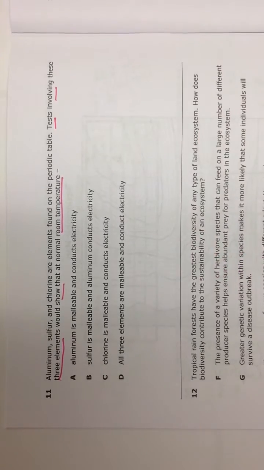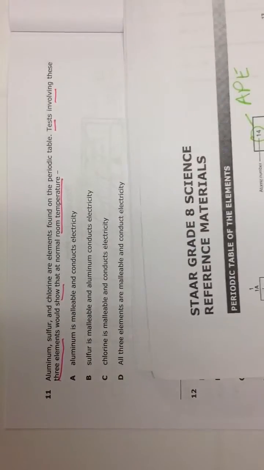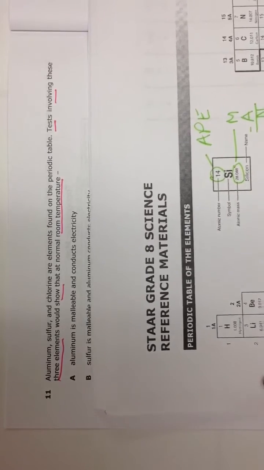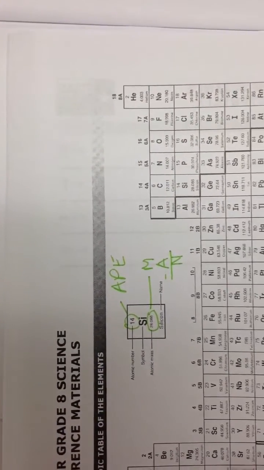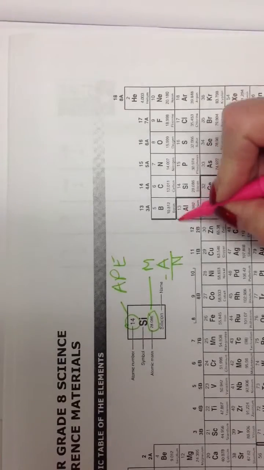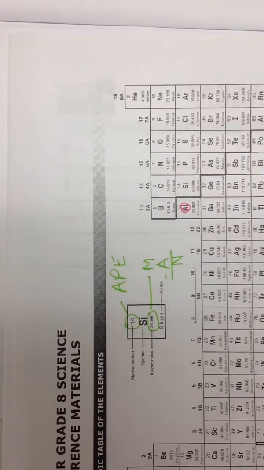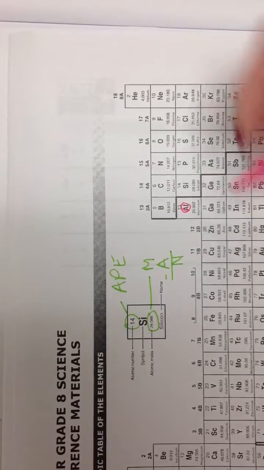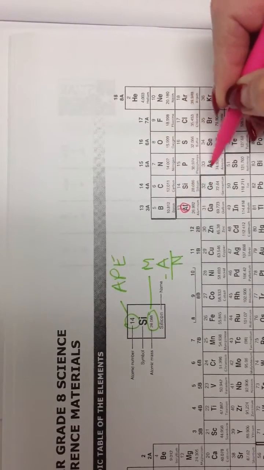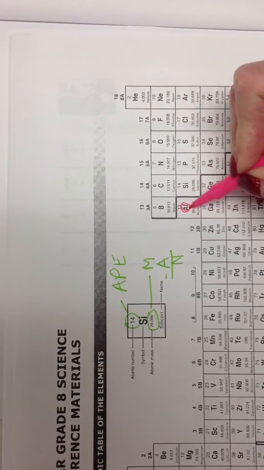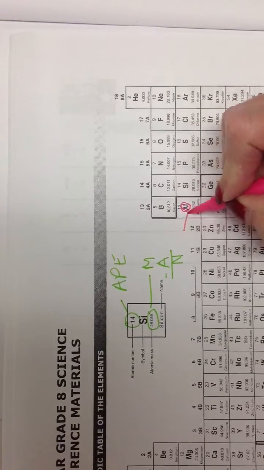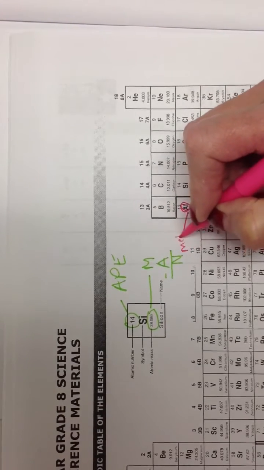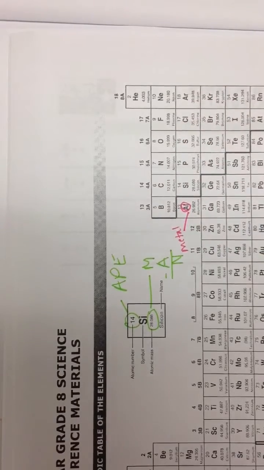So let's see. It's saying aluminum is malleable and conducts electricity. All right, well, where is aluminum on the periodic table? It's right here. And if you remember, all elements touching the stair step except aluminum are metalloids. This one is a metal, and you can remember that. You have it in your kitchen, and you know a lot about it.